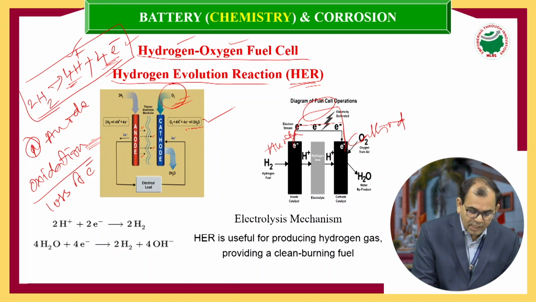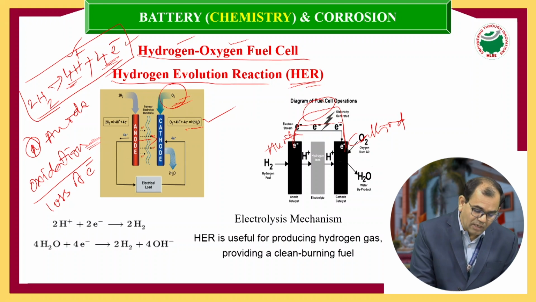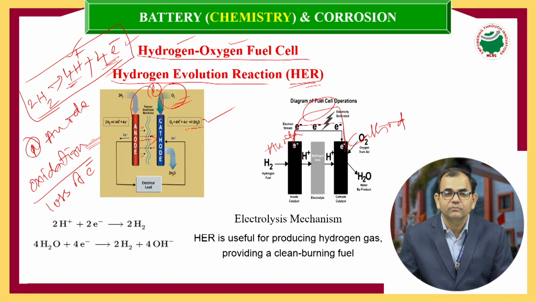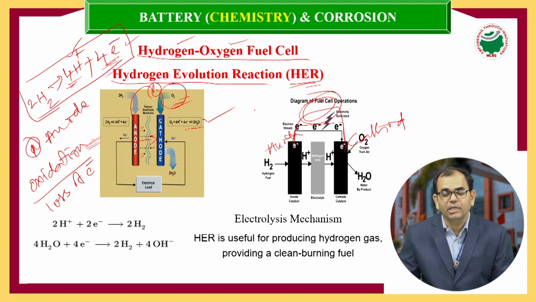H plus ions move directly towards the cathode, whereas electrons help us make a circuit between anode and cathode. That is the final output from the hydrogen oxygen fuel cell.